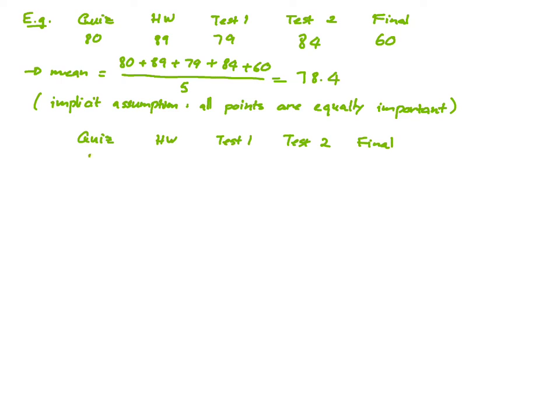So you have 80 on the quiz, 89 on the homework, 79 on test 1, 84 on test 2, and 60 on the final. And let me call these x1, x2, x3, x4, and then x5. Right? And suppose I have the following weights. Let's say the quiz makes up 20% of the total grade.